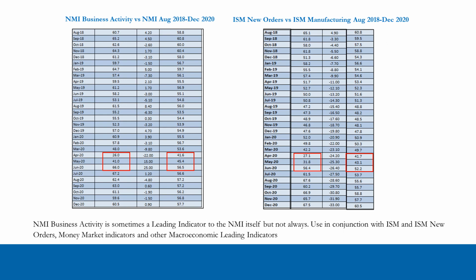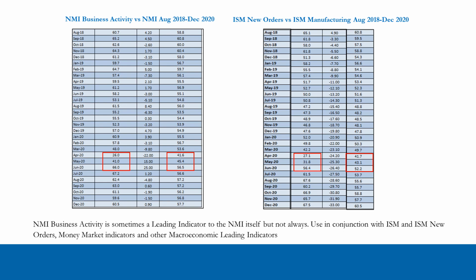And remember, these are reported in the following month. So that number will have been reported in the first week of April. And the NMI itself wasn't below 50. It was at 53.6 reported in April for March 2020.